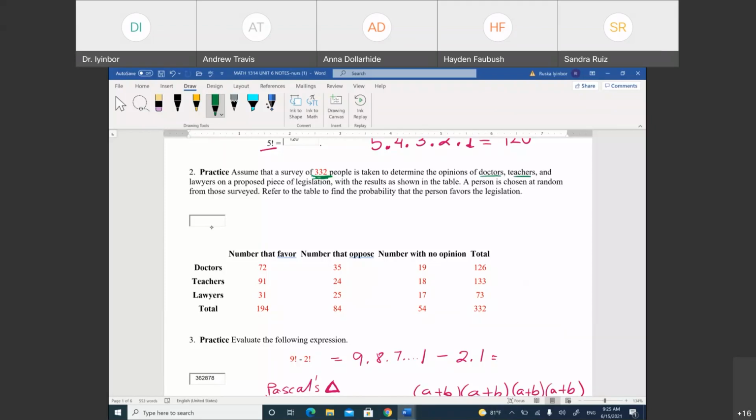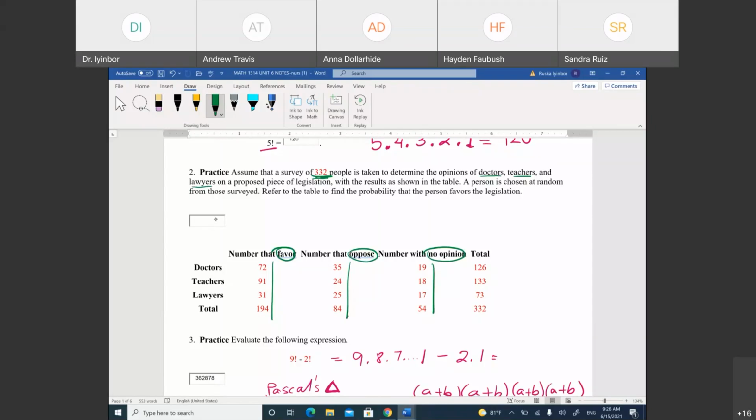So these are the number of people in favor of the legislation, how many oppose the legislation, and how many have no opinion. And then you also have the total. So if you do the doctors, the teachers, the lawyers, everything is broken down, right?